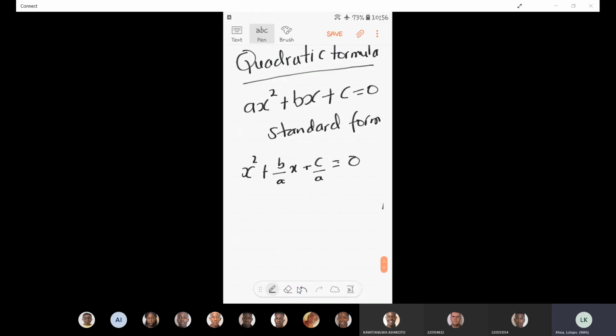So here we'll say x squared plus b over a x. Now to find out what is missing, because I need to add something in order to have my square complete, I just say bx over a divided by 2.